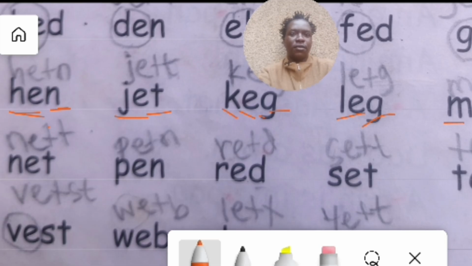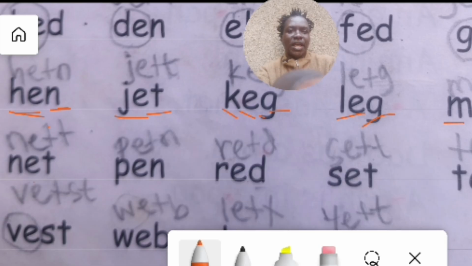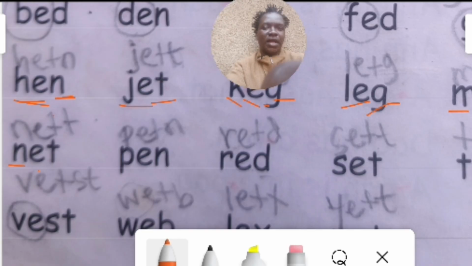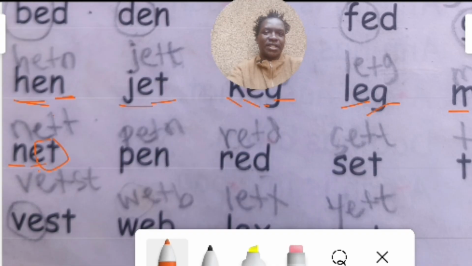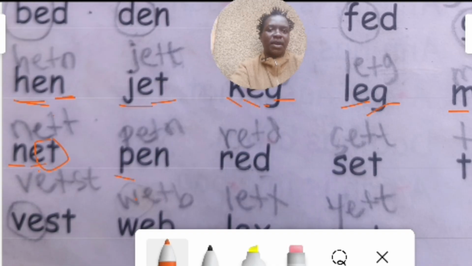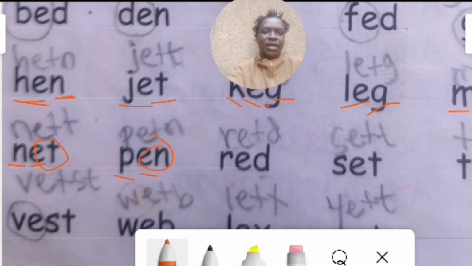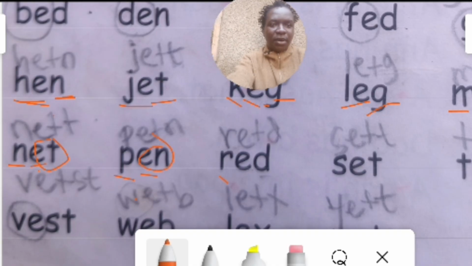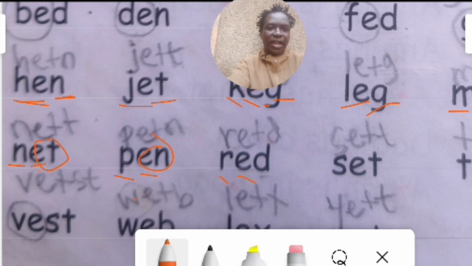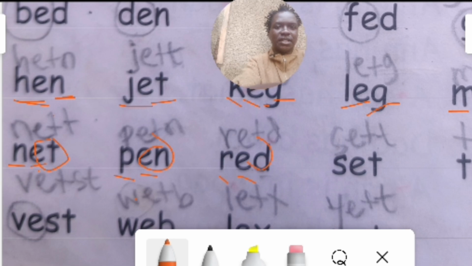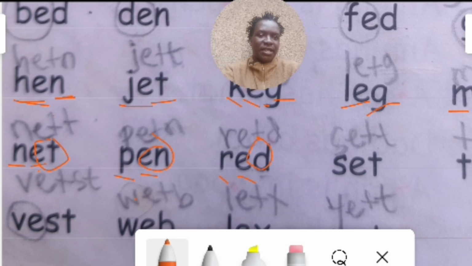We have N plus A, that is ne, and then plus this T, it is net. And then P plus A, that is pe, plus this N, it is pen. And then R plus A, that is re, plus this D, it is red.